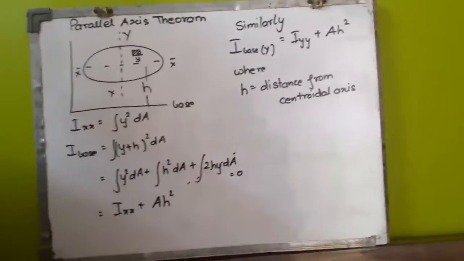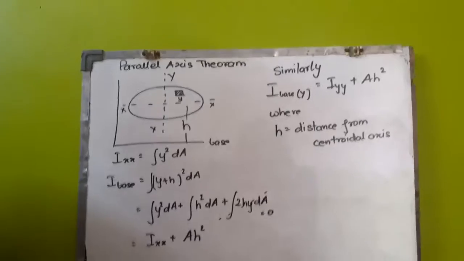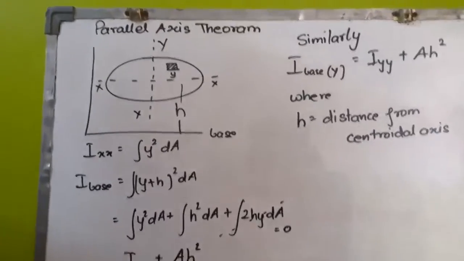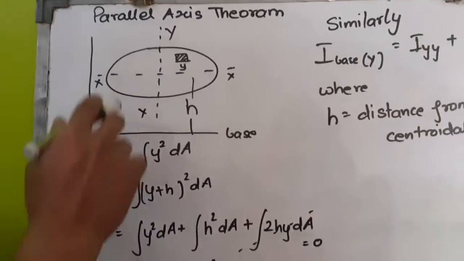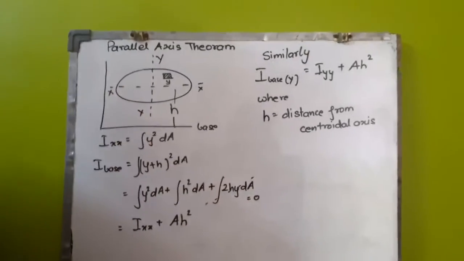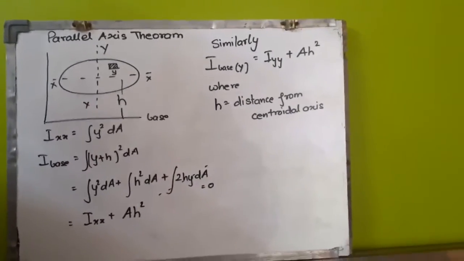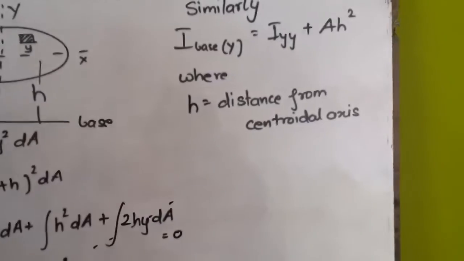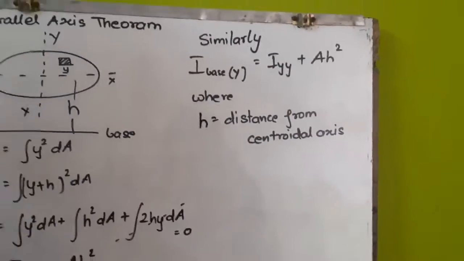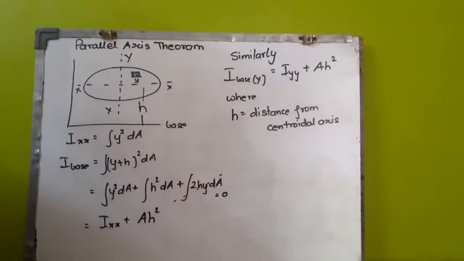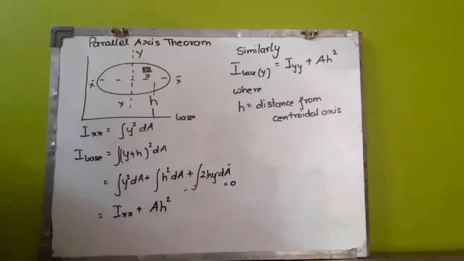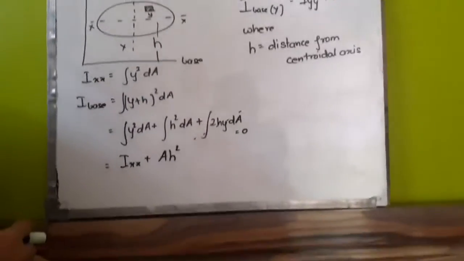Now the parallel axis theorem states that the moment of inertia about any third reference, because moment of inertia, as we know, has to be found with reference to the centroidal axis only. If you want to shift the plane of reference from the centroidal axis to some other location, we require this parallel axis theorem.